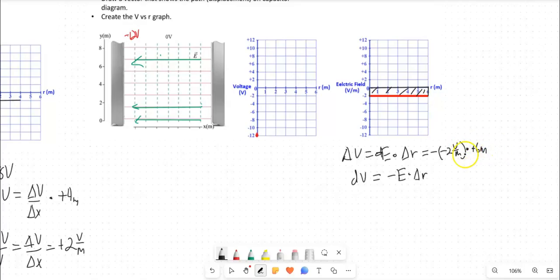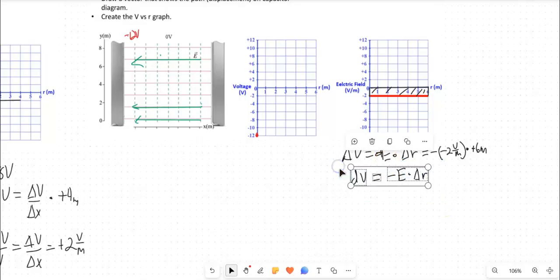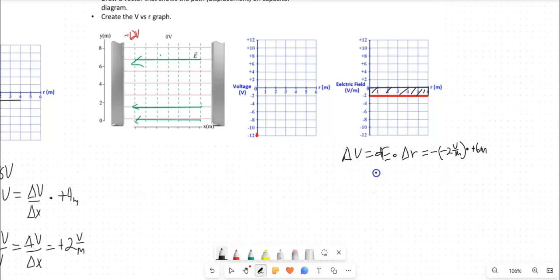So the change in voltage in this case is going to be negative times negative is positive, so that's going to be 2 volts per meter times positive 6 meters, which is going to be positive 12 volts. So the change in voltage here is going to be positive 12 volts across 6 meters.